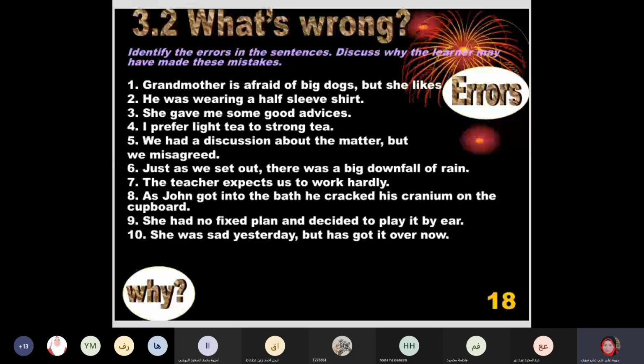Number 9: She had no fixed plan and decided to play it by ear. What's played by ear? By ears. Yeah, it's by ears, but I forgot to put this. I think that he talks about luck.